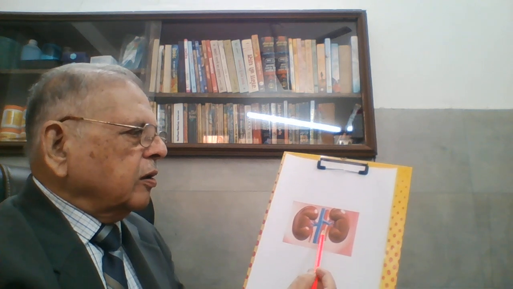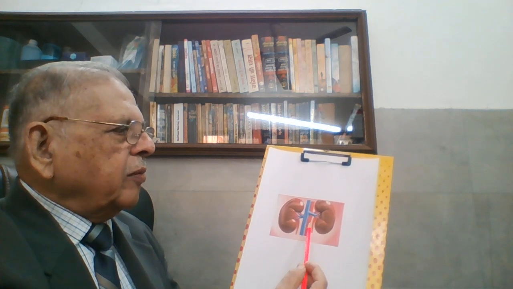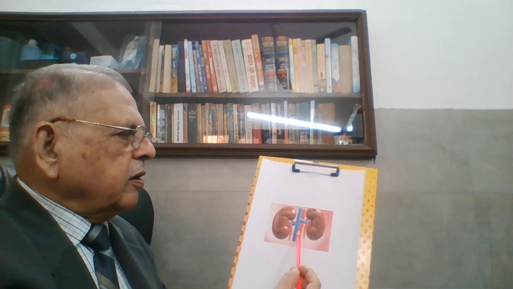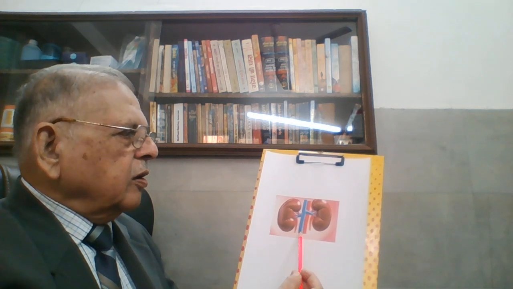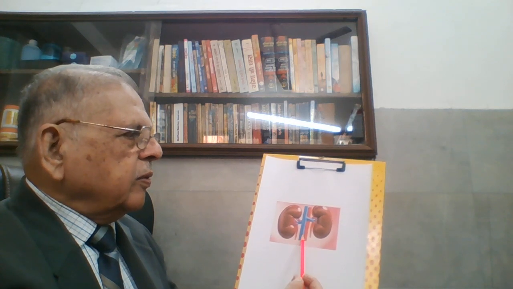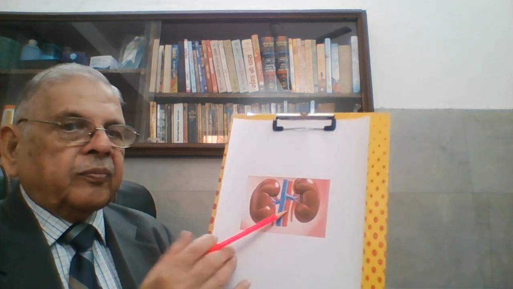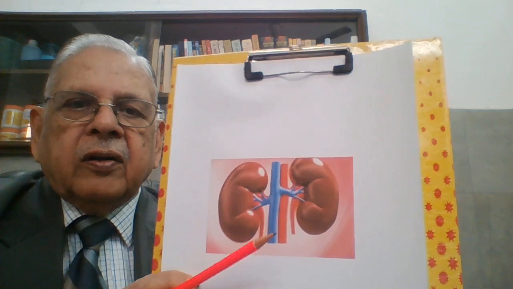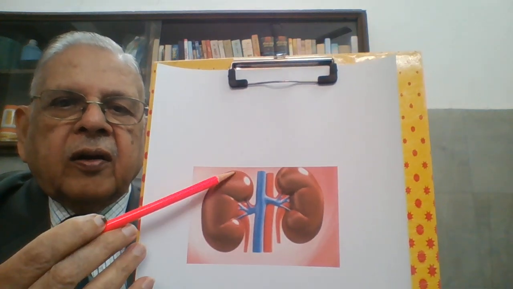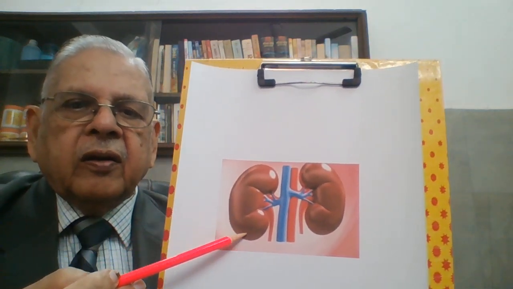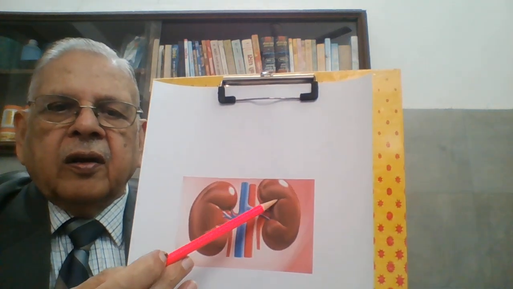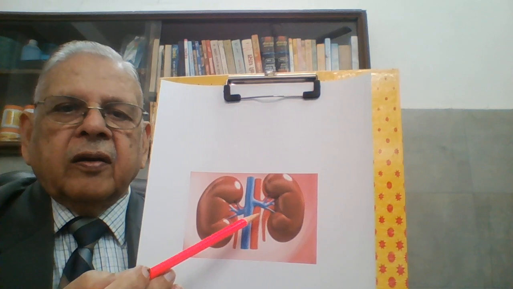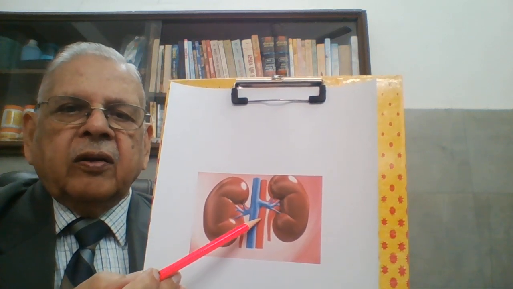This is the aorta, called the abdominal aorta. This is the major channel bringing blood from the heart. And this is the inferior vena cava, which takes blood back to the heart. Now see, this is a close view. These are bean-shaped structures, and they get blood supply from the aorta.